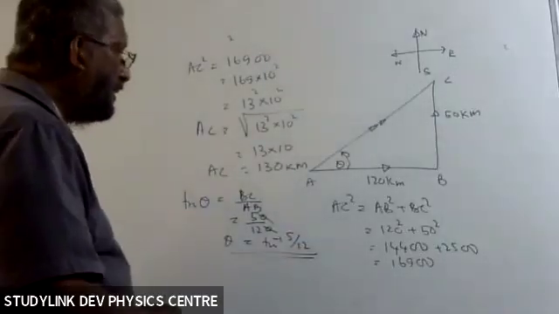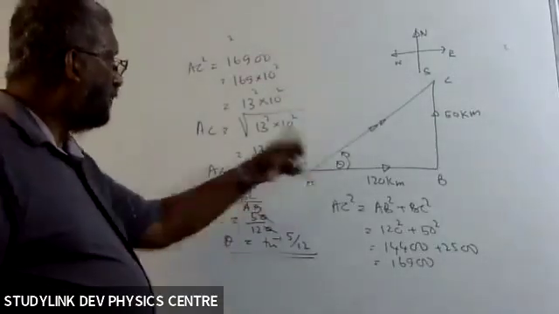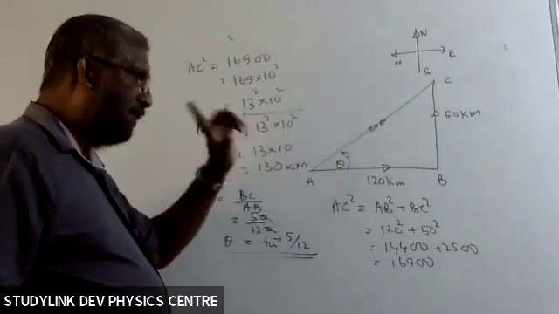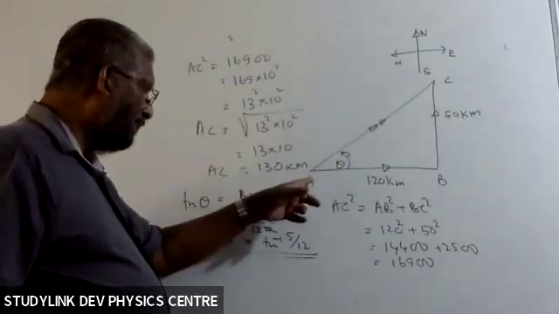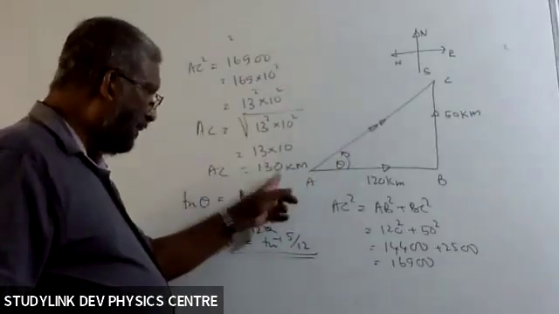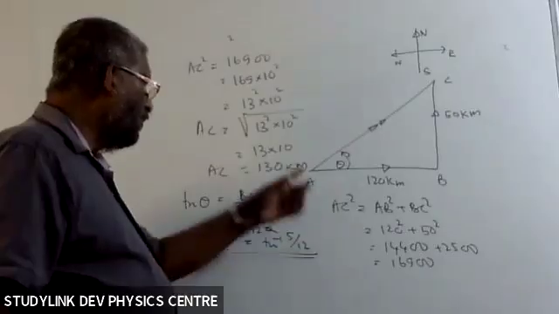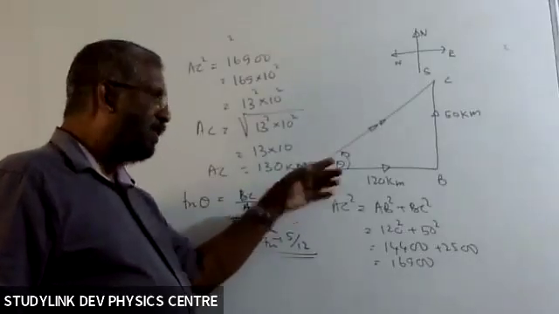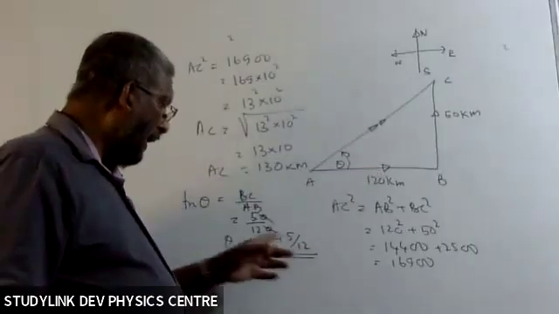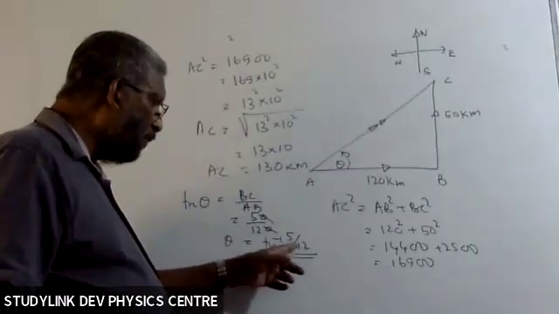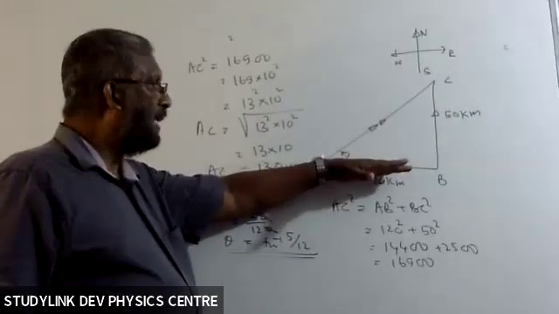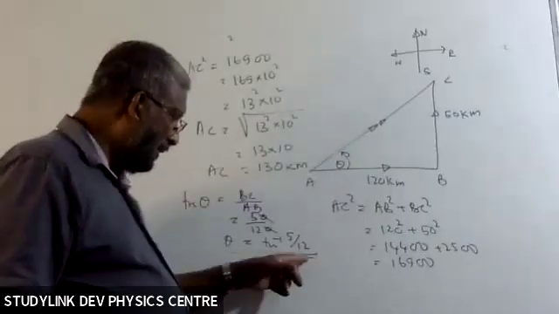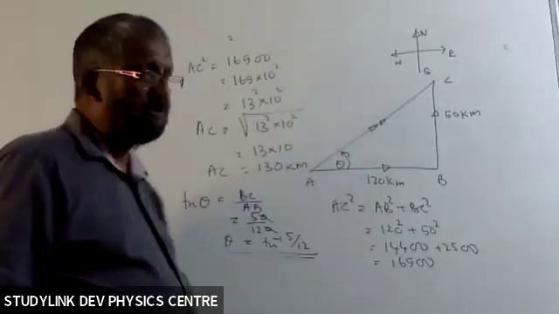Then the displacement of the car is 130 kilometers from the first point, towards an angle of tan inverse 5 over 12 from east towards north. From east towards north. This angle should be written in this way.